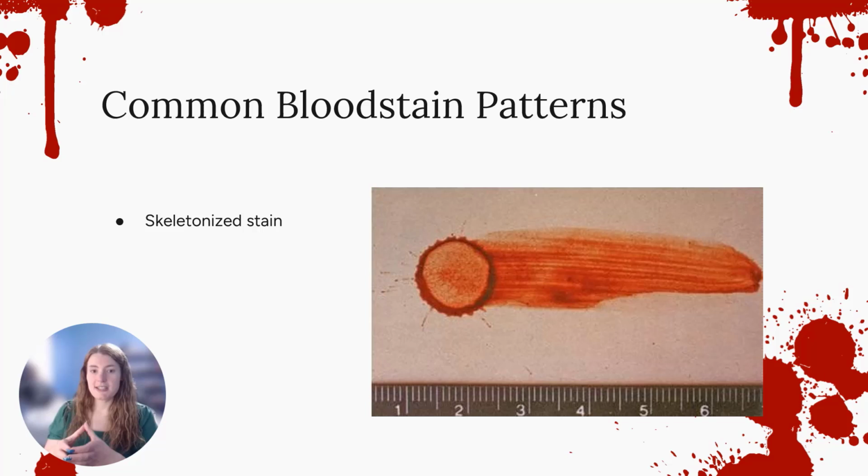You have documentation of the original stain, and you can track angle of origin and all that good stuff, while it also indicates the physical movement after the event in question. Because obviously, if you have a skeletonized stain, it means that there was some delay between the blood hitting the surface and then the later movement on top of it. So that can give us a good idea of events sequencing.